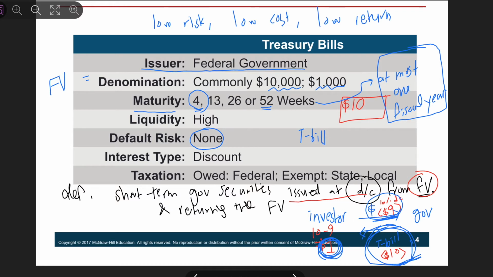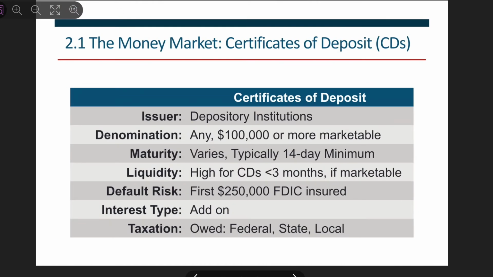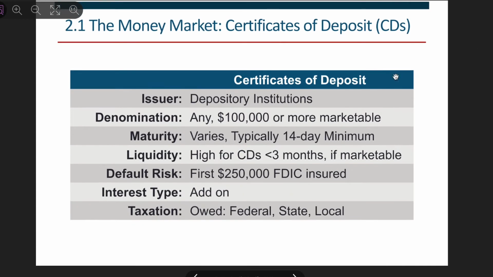Okay. All right. So next, moving on, we have the certificate of deposit. So what is the certificate of deposit? This is a certificate, right? A certificate of deposited money.